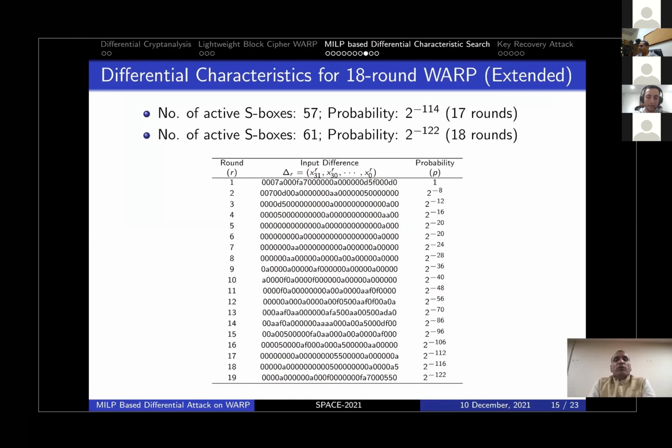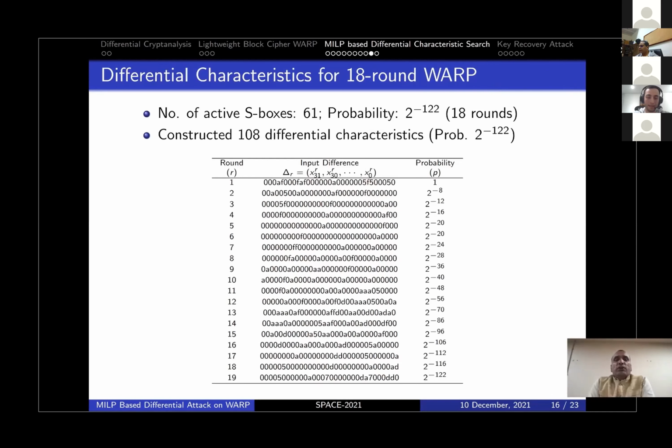Now we extend this 17-round differential characteristic by adding 1 round at the top. We fix the output difference of this 1-round characteristic as the input difference of the 17-round characteristic, and we get an 18-round differential characteristic with 61 active S-boxes and a probability of 2 to the power minus 122. We also construct an 18-round differential characteristic without extending the 17-round one.